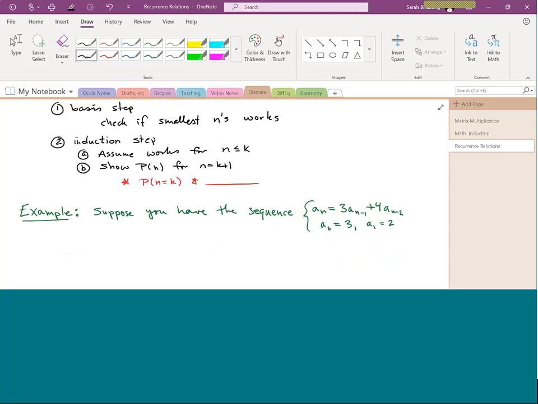What this tells us is that your first two terms of the sequence are going to be 3 and 2. The sequence is going to start at n equals 0. So A0 is 3, A1 is 2.